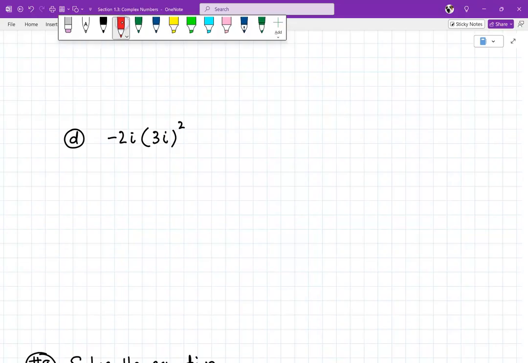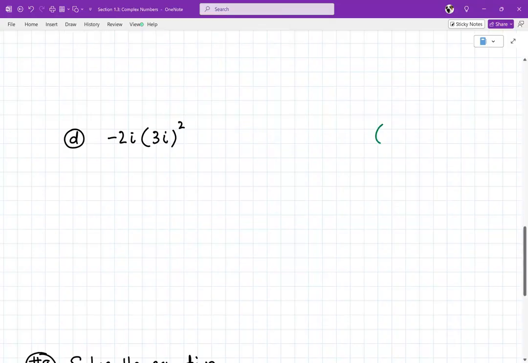So right here we have negative 2i times 3i quantity squared. Now I'm going to remind you of a little property you're supposed to know from Algebra 1. a times b to a power is a to the power times b to the power. If you have something in parentheses and the factors are being multiplied together to a specific power, you distribute that power. It has to be multiplication though, not addition, not subtraction.